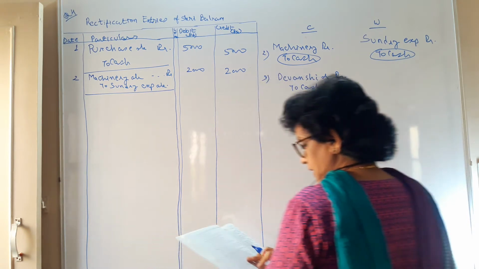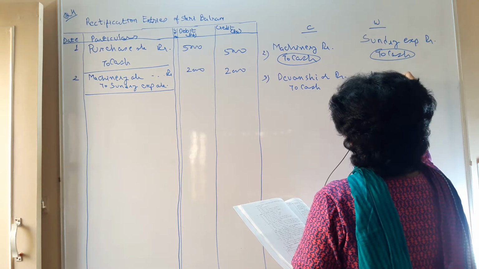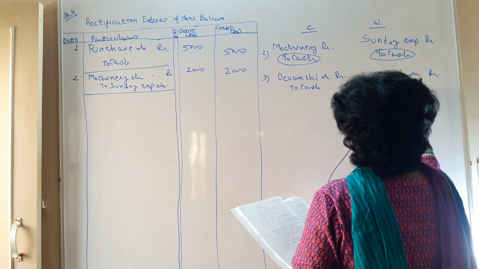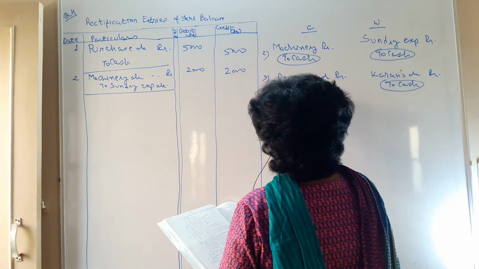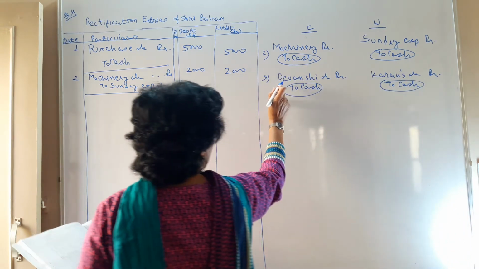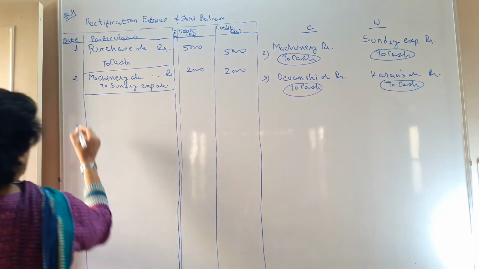Instead of that you have written current account debit to cash. So the cash portion is correct, no need to touch it. The wrong thing is the current account; we have to write Devanshi and credit the current account.